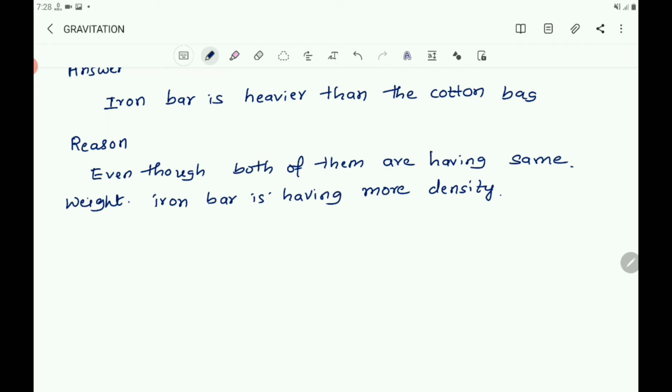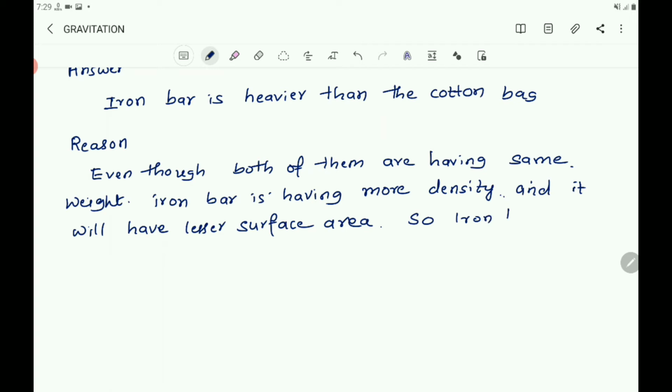So the iron bar will apply more pressure on holding.